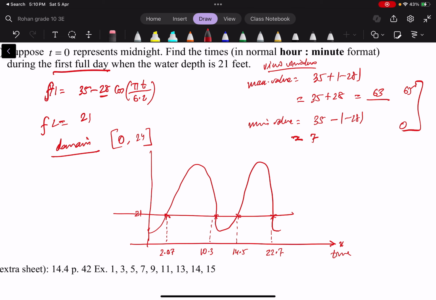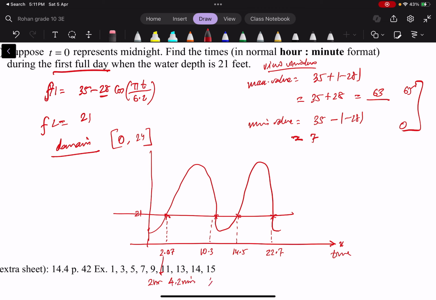Now you want the answers in hour and minute format. So this will be 2 hours and 7 minutes? No, you multiply by 60. You take the decimal 0.07 and multiply it by 60. That's 4.2 minutes.